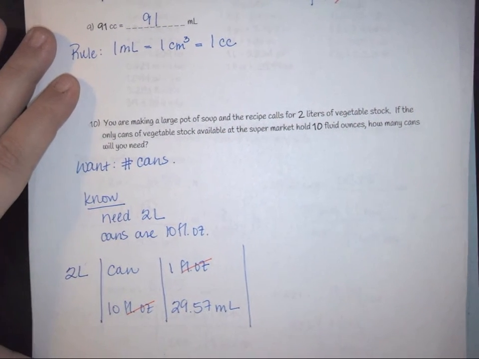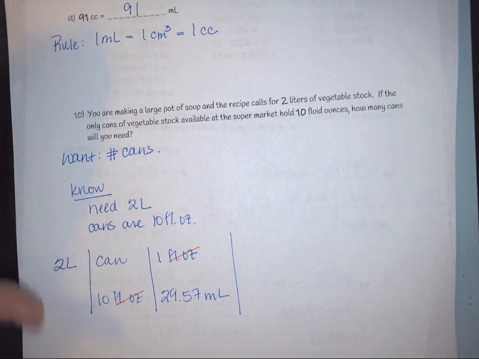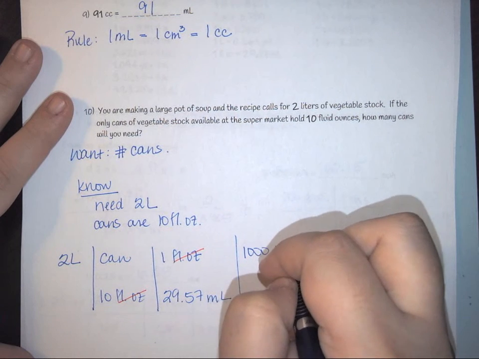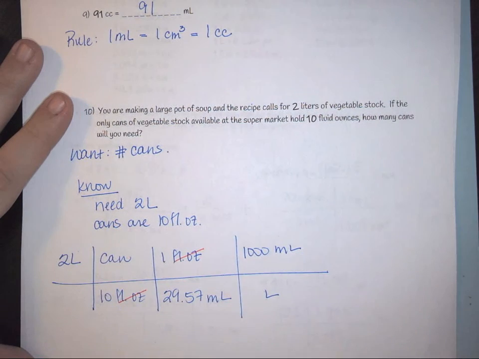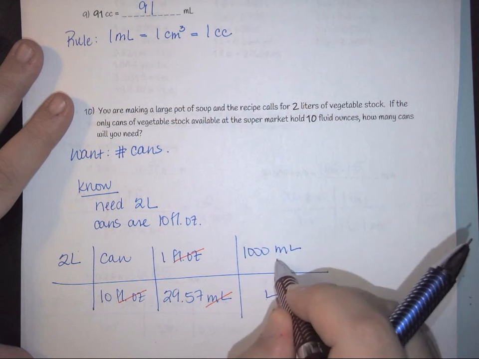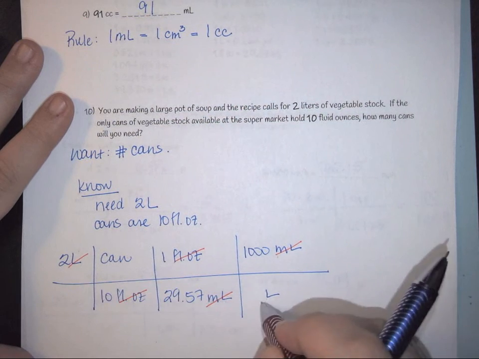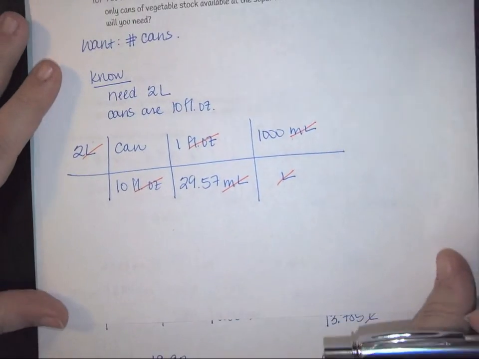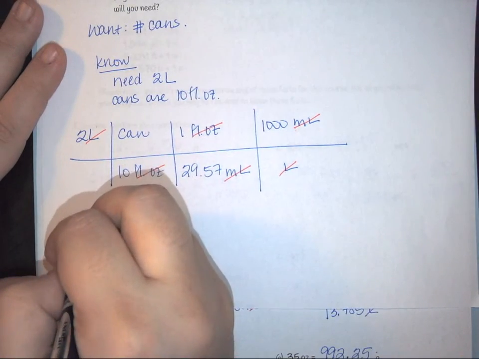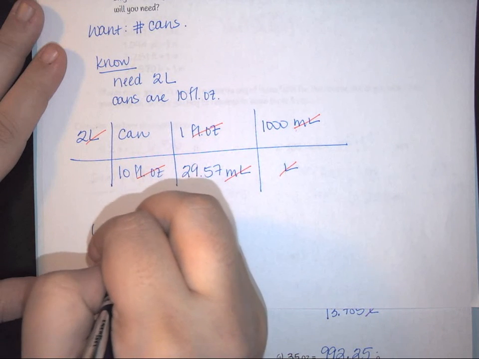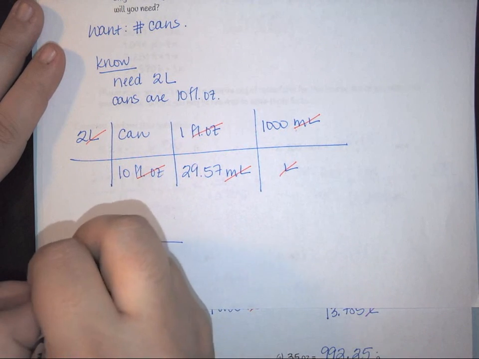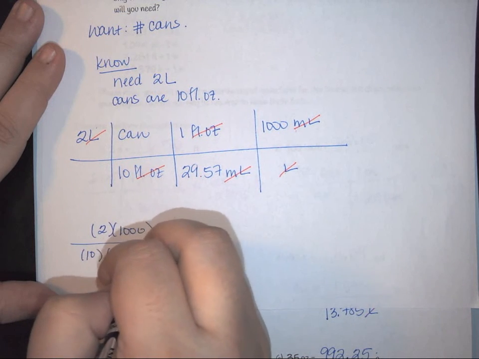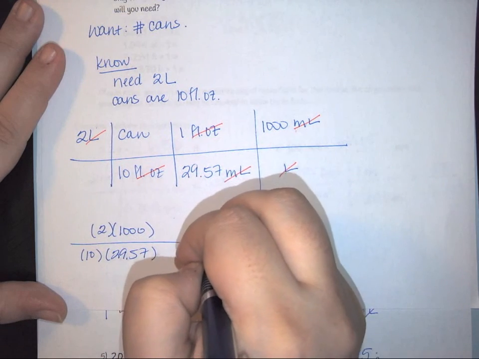liters and milliliters. So all I need to do is run my conversion there. So I know that I have 1,000 milliliters per liter. Means my milliliters is going to go, my liters is going to go, and the only thing that's left is my can. So here, this is going to give me 2 times 1,000 divided by my 10 times the 29.57, and this is cans.